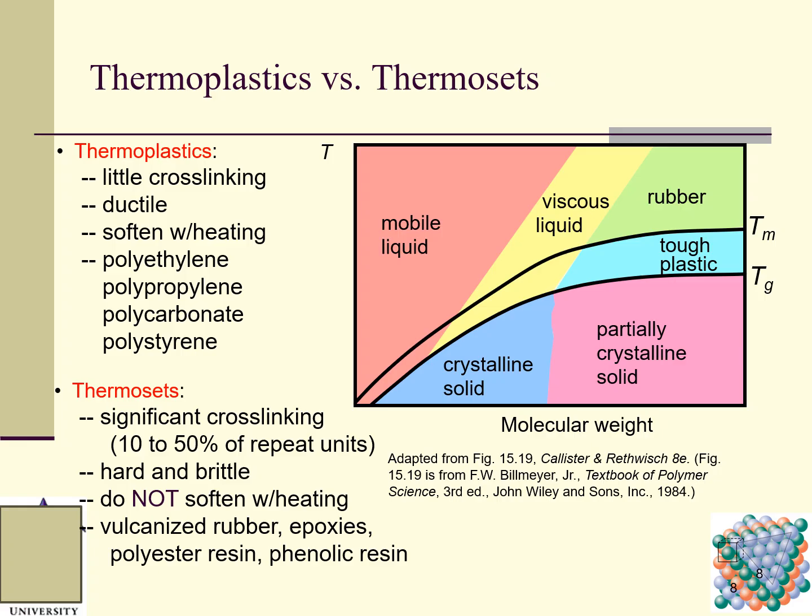This is a crystalline solid, and this is a partially crystalline solid. So this figure shows us how the molecular weight is related to the temperature, and the temperature determines the physical properties. So molecular weight along with the temperature, these two factors determine the final material behavior.